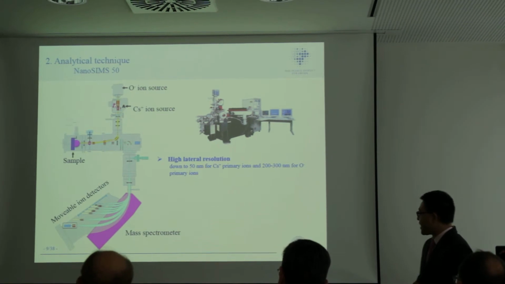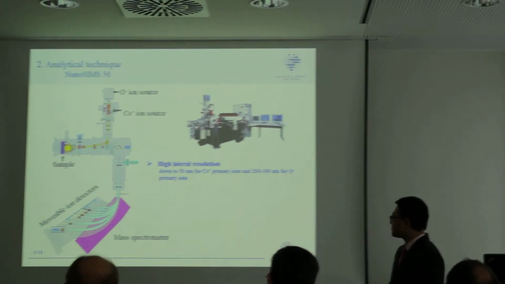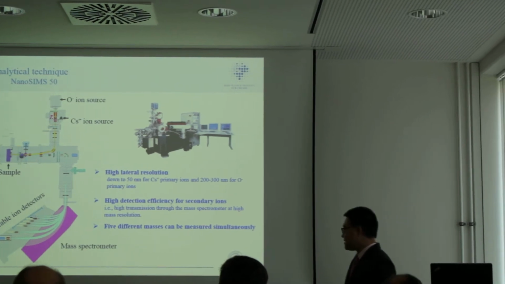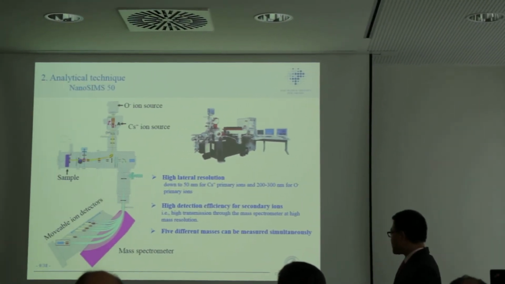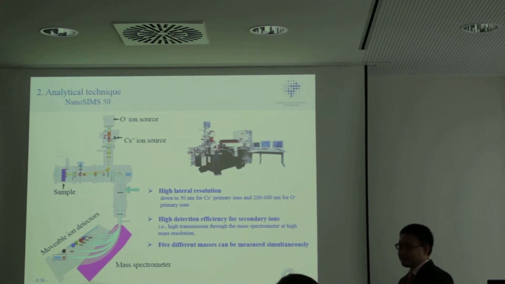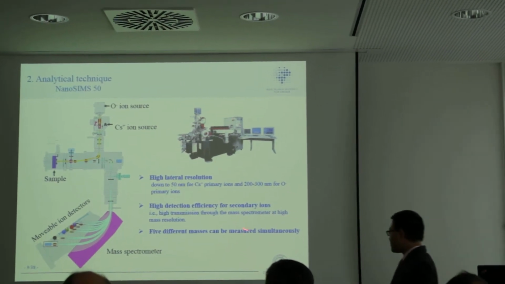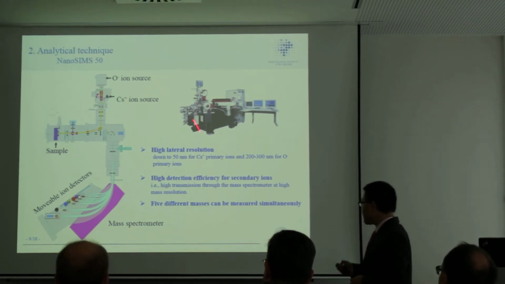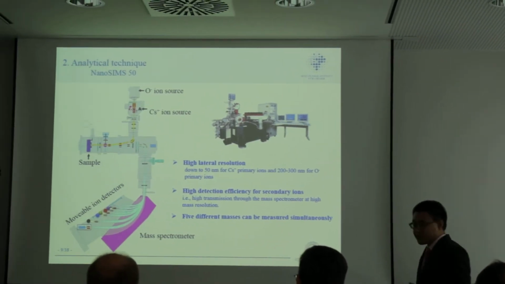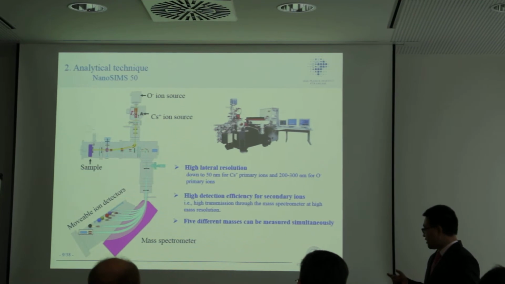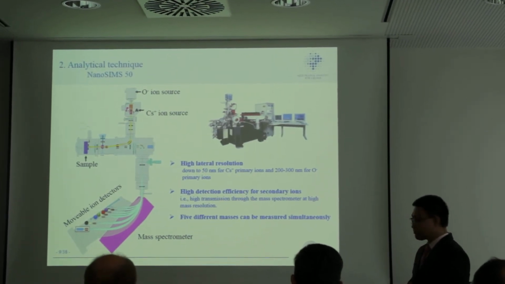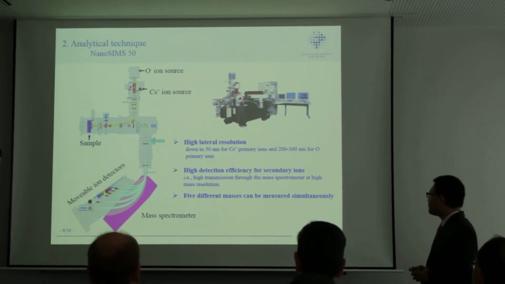Samples are bombarded by primary ions, and secondary ions are extracted, transmitted, and detected in the mass spectrometer with high detection efficiency and high mass resolution. 5 different masses can be measured simultaneously. These features permit analysis of aerosols with natural isotopic composition at the micrometer and submicrometer scale.